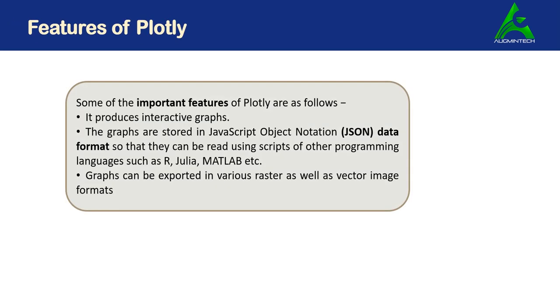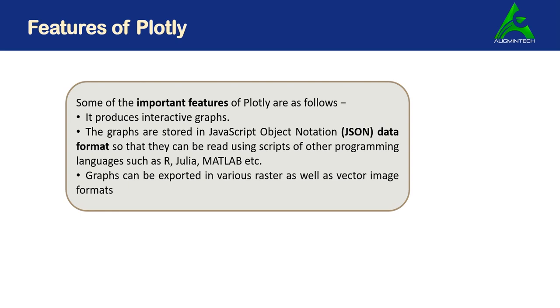Now let's see what are the features of Plotly. So some of the important features of Plotly are as follows. It produces interactive graphs. The graphs are stored in JavaScript object notation, that is JSON data format, so that they can be read using scripts of other programming languages such as R, MATLAB, etc. Graphs can be exported in various raster as well as vector image formats.